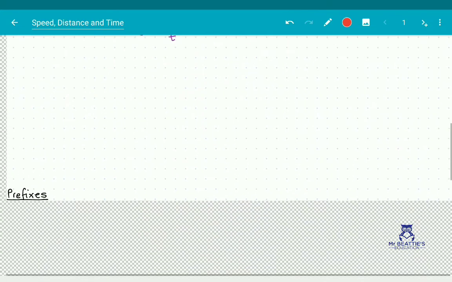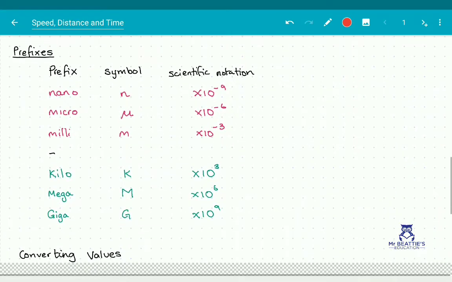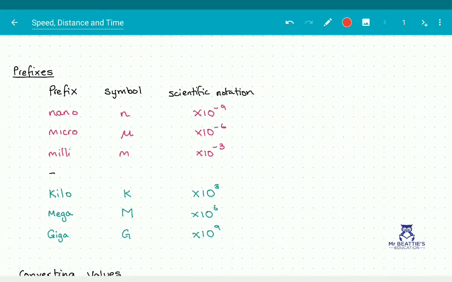Now, with that in mind, we need to talk over these different prefixes that we have. Okay, so in this week's work, you're really only going to be dealing with kilo. A kilometer is 1,000 meters, which means that 1 times 10 to the 3 meters is 1,000 meters using scientific notation.